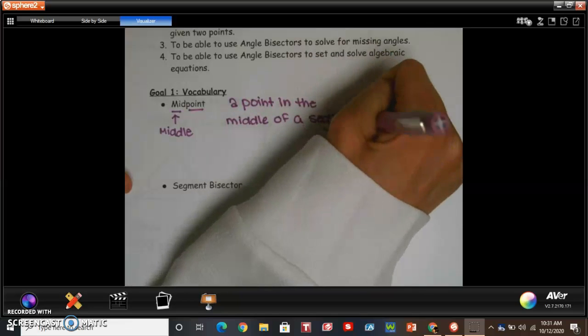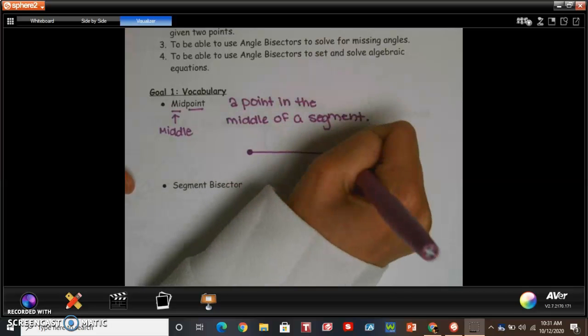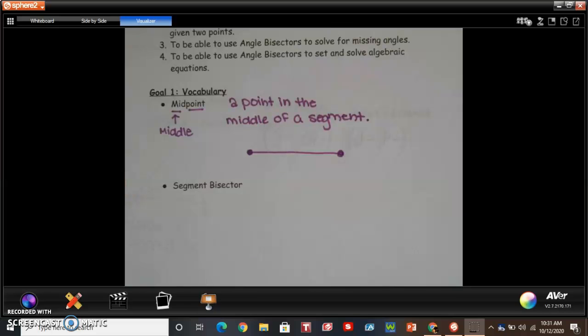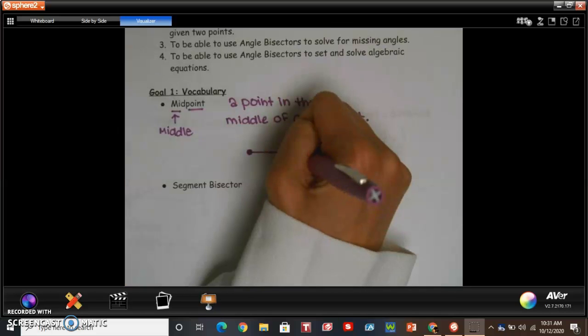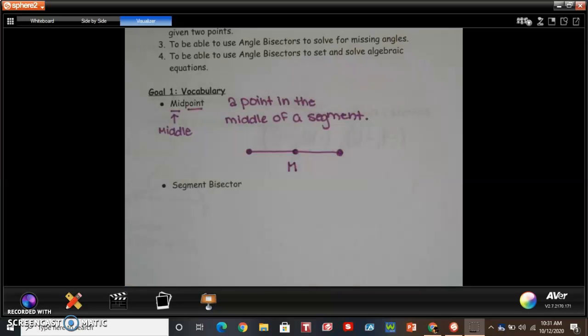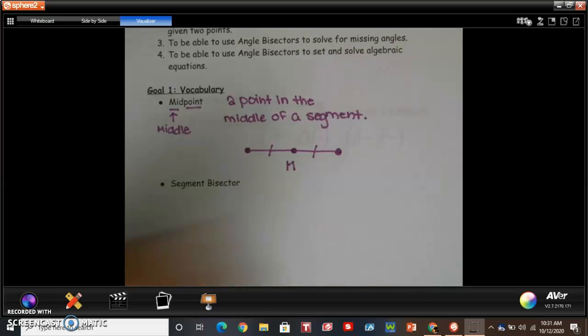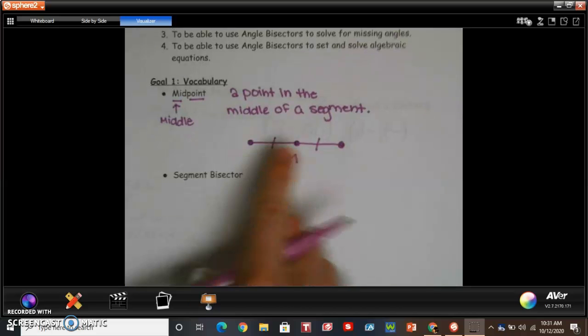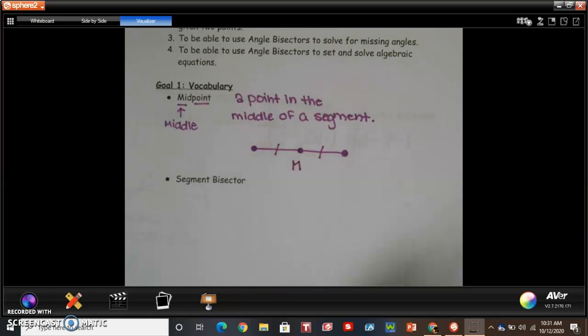So we learned in Unit 1 that a segment was a line that had stopping points. Okay? So our midpoint would be whatever's in the middle of that. Now, anytime you see segments that have the same number of dash marks like that, that means that they're congruent. And since these are congruent and that is in the middle, it is the midpoint.